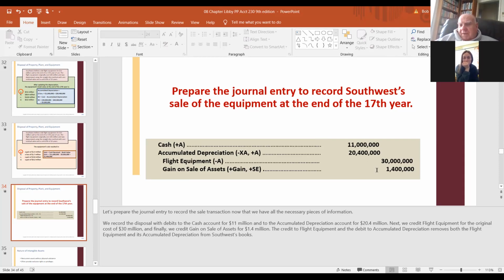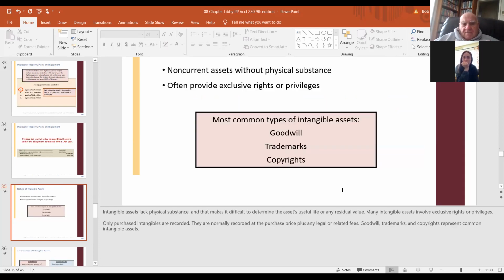So we know on that basis, the gain on the sale is $1.4 million. The gain on the sale equals the cash minus the net book value. The gain or loss is the difference between the cash and the net book value.